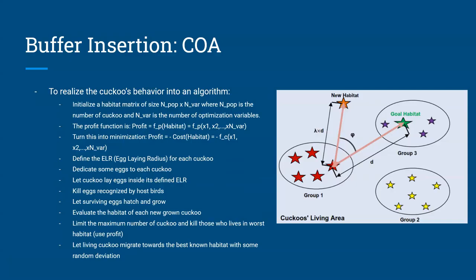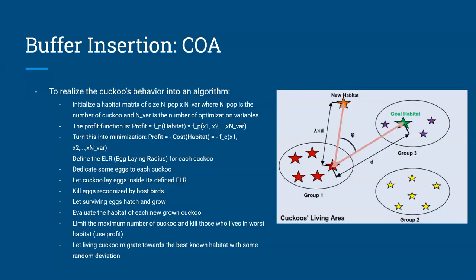Then we have to define the ELR, which is the egg laying radius for each of the cuckoos. Then dedicate some eggs to each of the cuckoos, and let the cuckoo lay eggs randomly inside their defined ELR. And then we kill the eggs recognized by the host birds. Let the surviving eggs hatch and grow. Evaluate the habitat of each newly grown cuckoo.